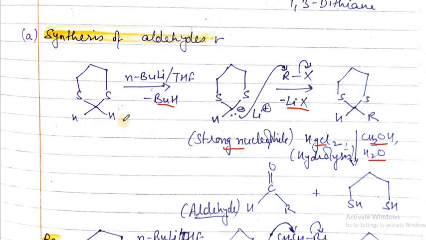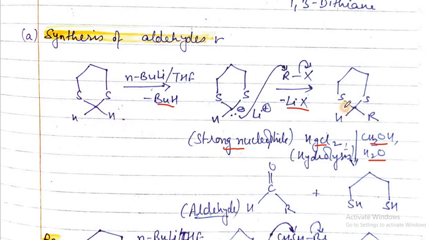So synthesis of aldehydes can be done by this 1,3-dithiane with n-butyl lithium in the presence of solvent tetrahydrofuran to get this strong nucleophile, that is this carbanion, and this carbanion when treated with alkyl halide, then we get this alkylated product.